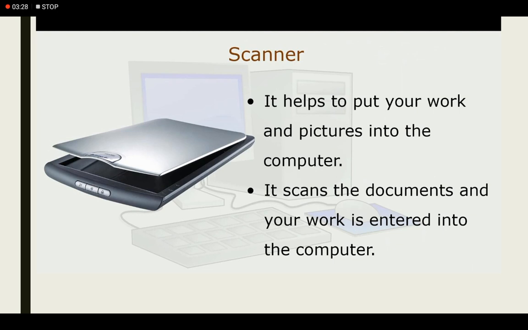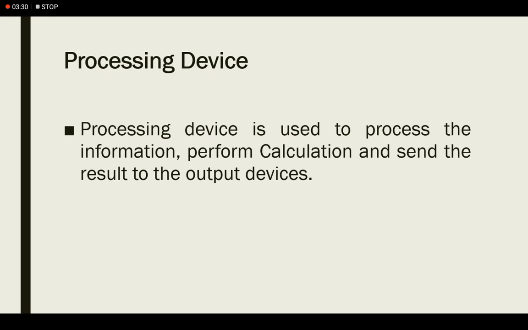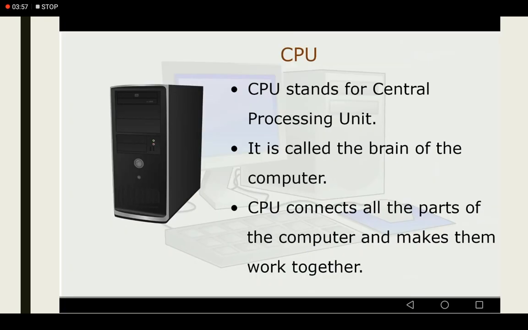Now let's discuss some output devices and the processing device. The processing device is used to process information, perform calculations and send the result to the output devices. The processing device is the most important device in our computer system. Do you know which device is known as the processing device? CPU.